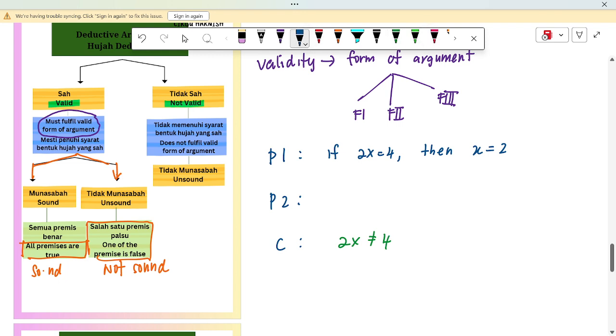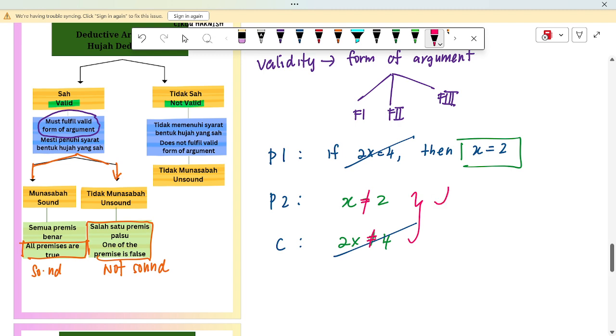Okay, when you are finding your premise 1, premise 2, or conclusion, cut whatever is repeating. So what is left? x equals to 2 is left. So we're going to write this here, but this is not equals to. So here also we will be putting it as not equals to. So this is how you write your premise 2 or conclusion.